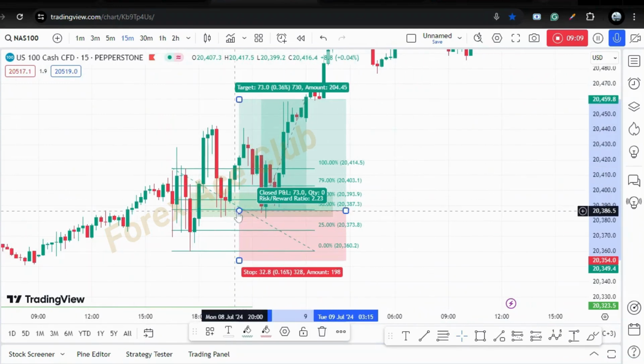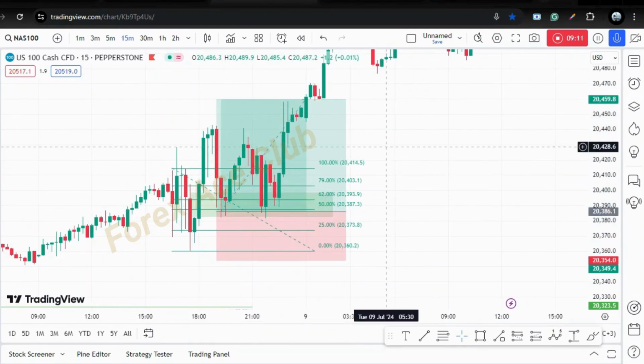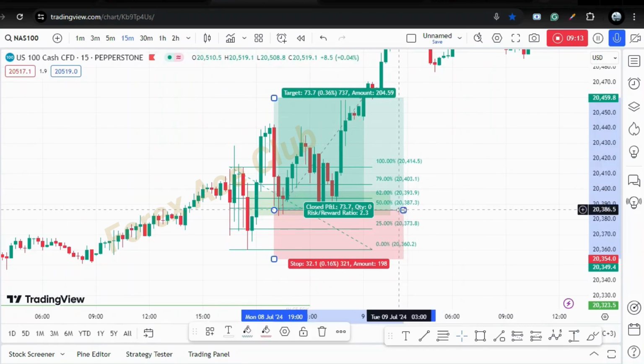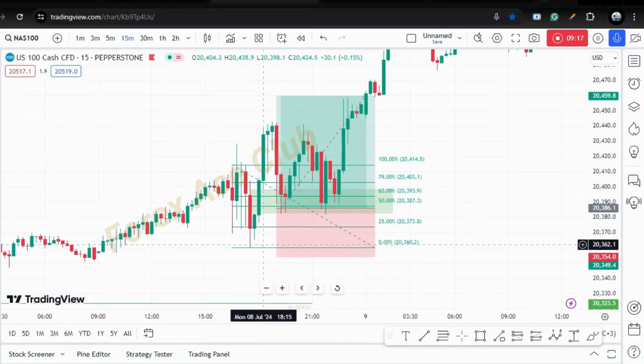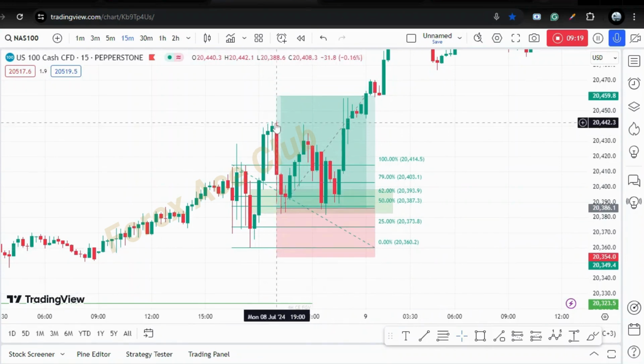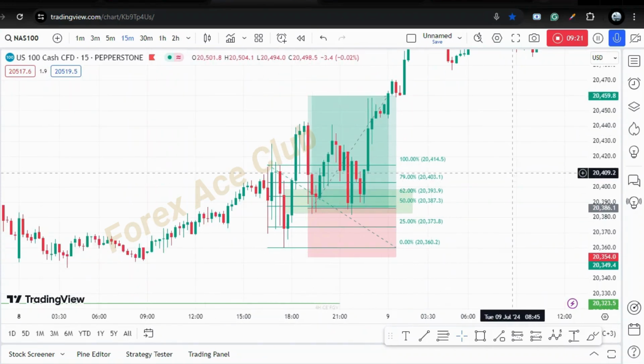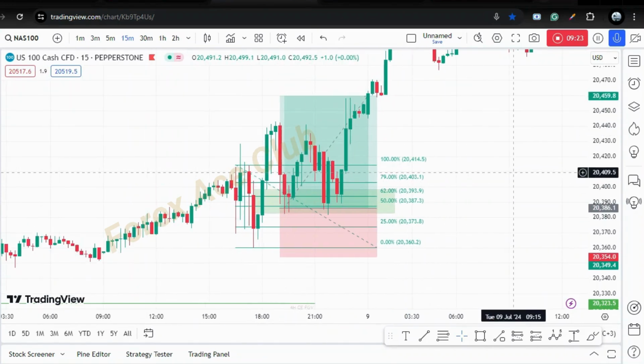Take profits. Stop loss this low, take profit slightly above this high. And that's how I was able to catch two beautiful trades.